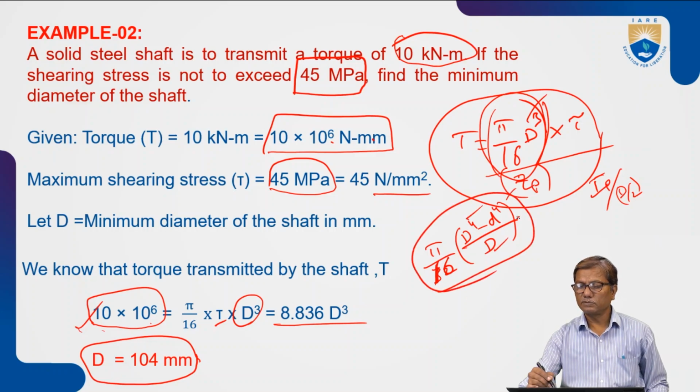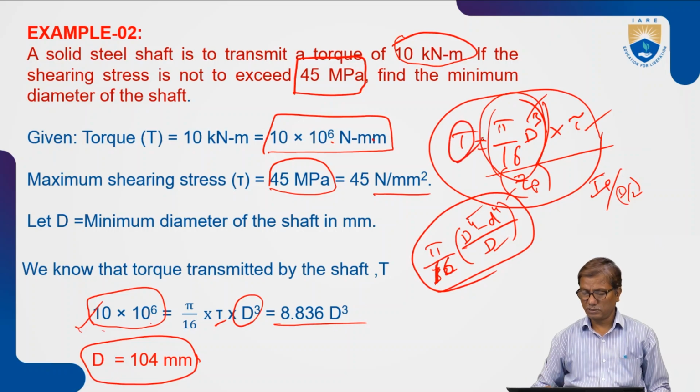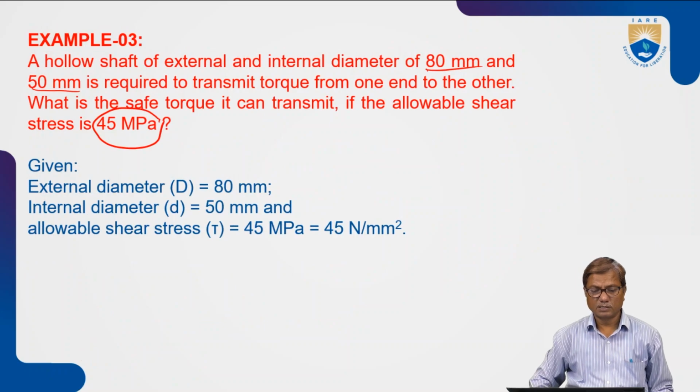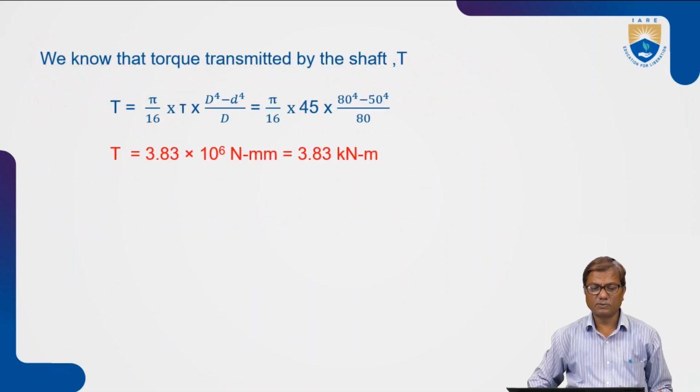So diameters are given, tau is given. What is the torque that it can transmit? So it is direct substitution in the formula.